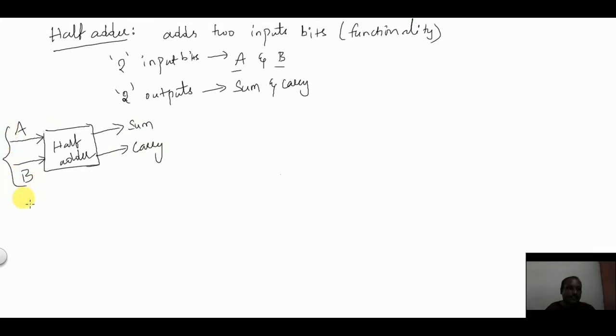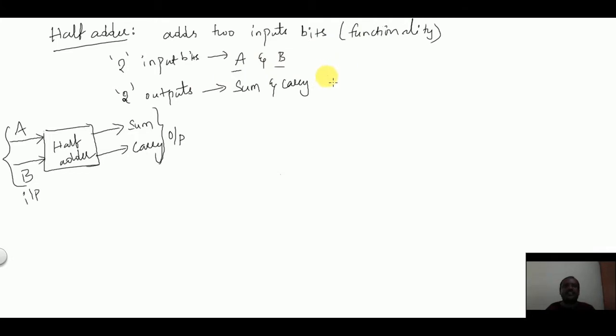Once you have the functionality, the number of inputs and outputs, and the variable names, the next step is to find the truth table.